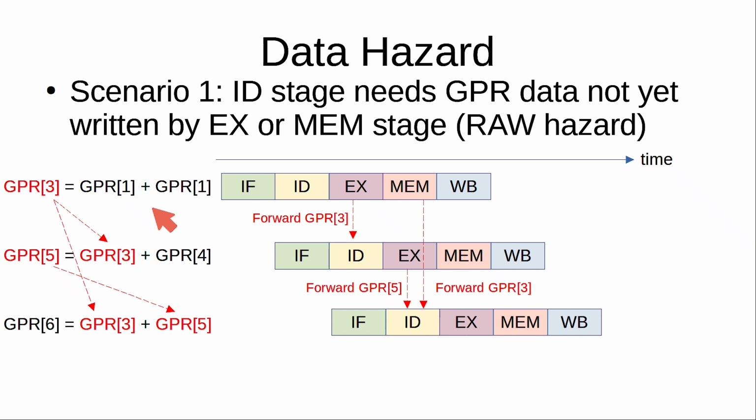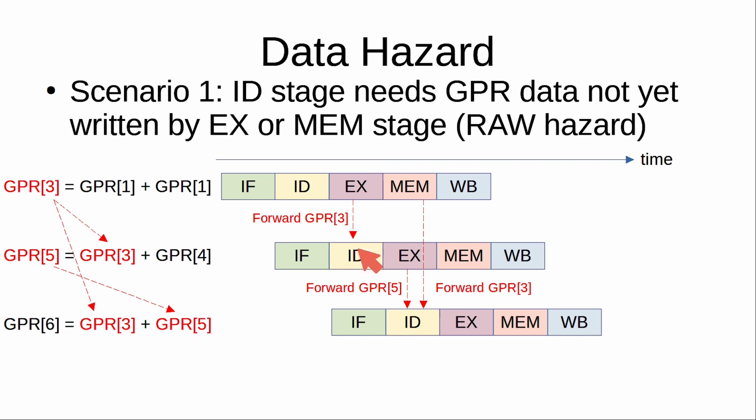To visualize this scenario, let's look at the CPU pipeline diagram. So let's say we have 3 instructions to be executed consecutively. For the first instruction, at this point in time, it is being fetched. And at this point in time, the second instruction is being fetched, while the first instruction is in the decoding stage.